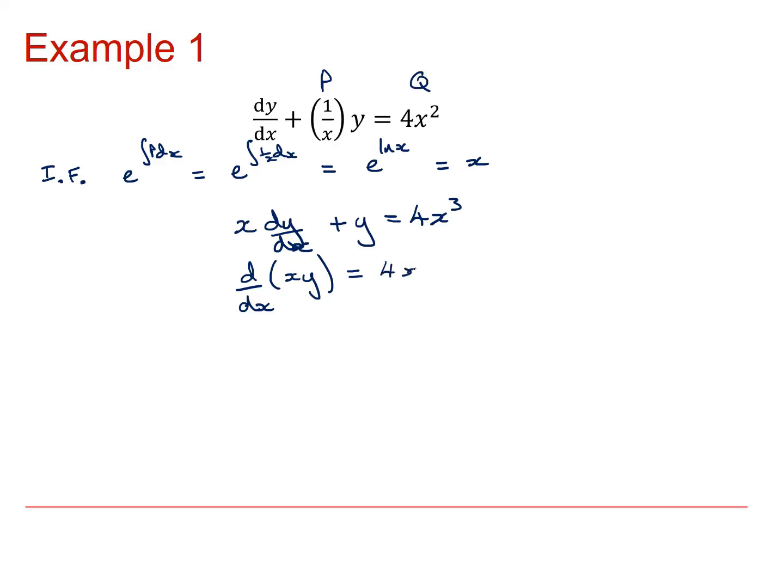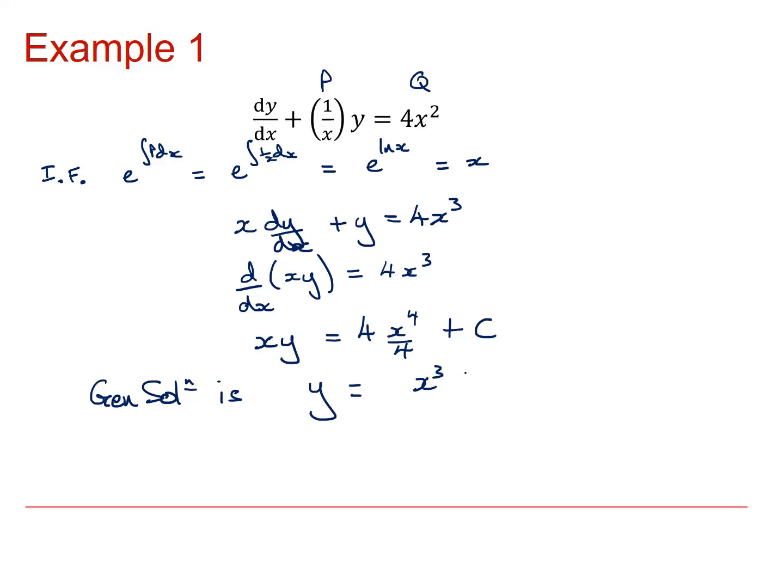That's equal to 4x cubed. And so now integrating both sides, I'm going to get xy is equal to 4x to the 4 over 4 plus c. And so dividing through by x, my general solution is y is equal to x cubed plus c over x.